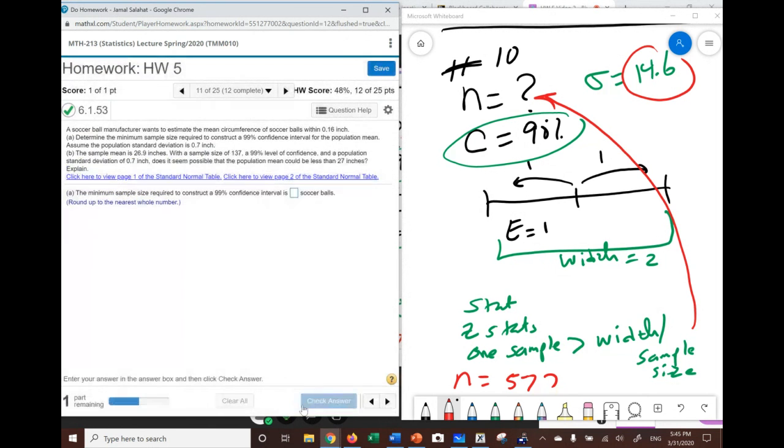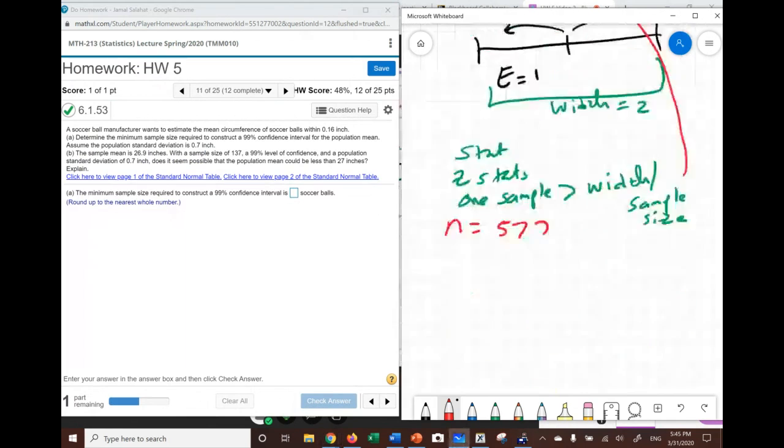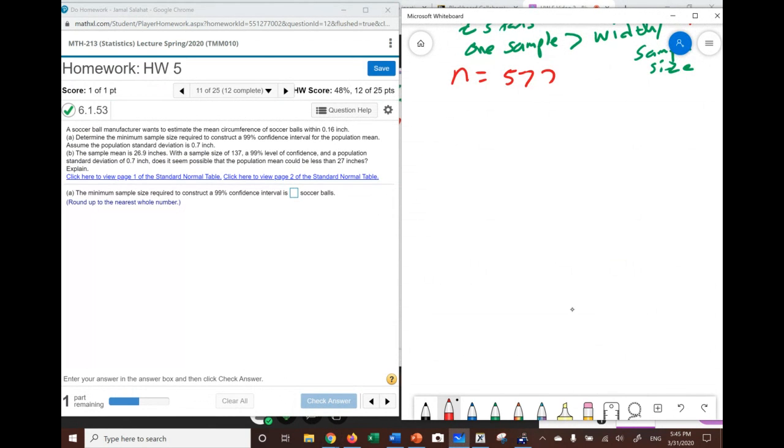Now, let me do the second problem, and that is number 11. In number 11, the question starts by telling us that a soccer ball manufacturer wants to estimate the mean circumference of soccer balls within, let's be careful in here, within 0.16 inches.